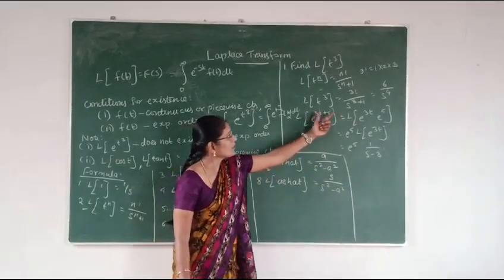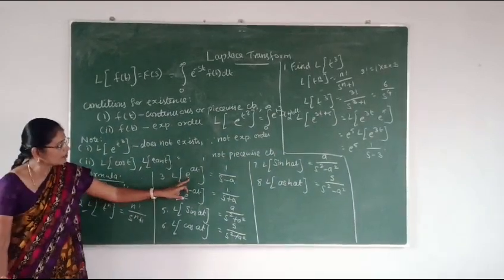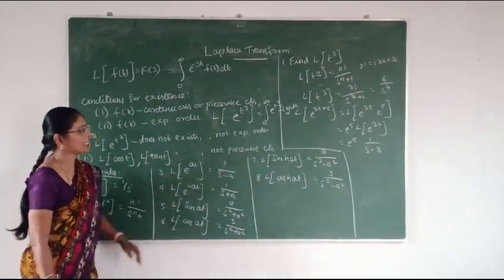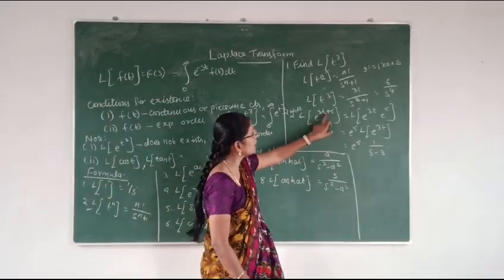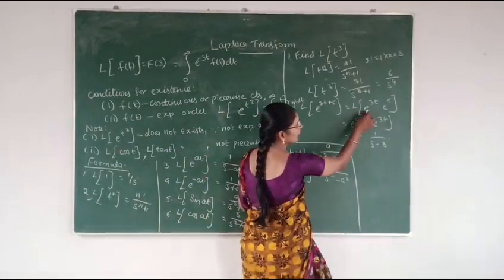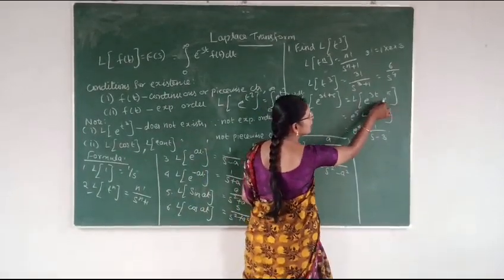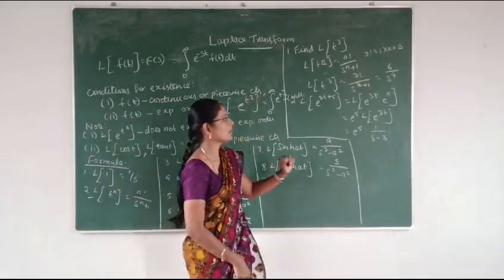Then L of e power 3t plus 5. You know very well the formula L of e power at equal to 1 by s minus a. But here we have e power 3t plus 5. So we have to write that term as e power 3t into e power 5, because if the base is equal, we can add the powers.